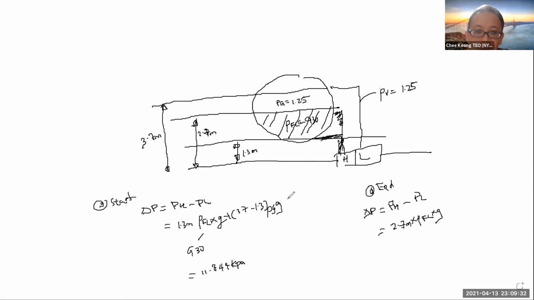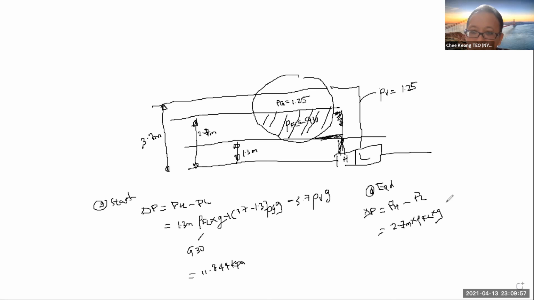Now the other side, the reference leg, is minus the reference leg, which is of course the full height of 3.7 multiplied by rho V and multiplied by G, which is 9.81. Forgive me, I put the gas on the wrong side. It should be at the high leg side.